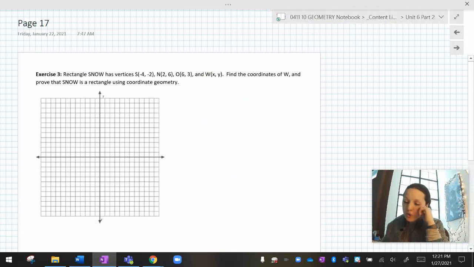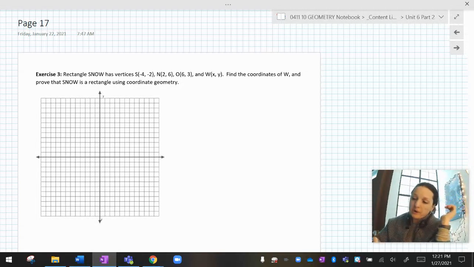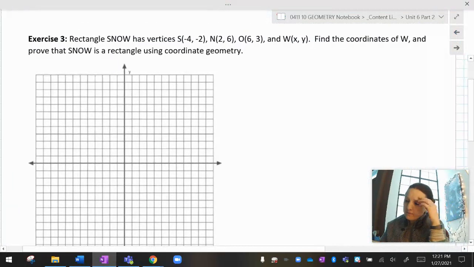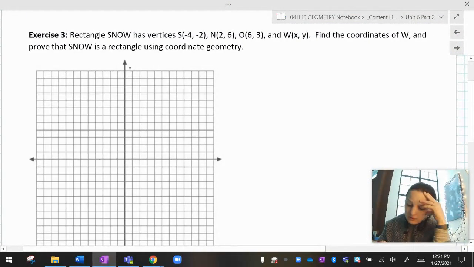All right, here's SNOW. Find the coordinates of W, make it a rectangle, and prove it's a rectangle. All right, so let's plot this. -4, -2, there's S, 2, 6, there's N, 6, 3, there's O. All right, and if I want a rectangle, W's got to be down here somewhere.